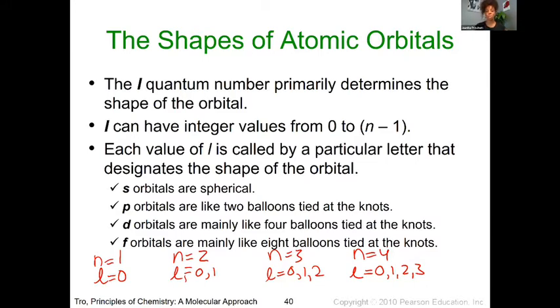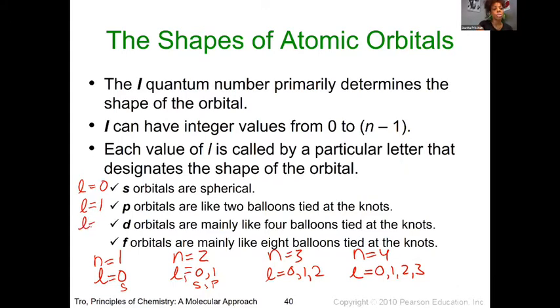When L is equal to 0, those are your s orbitals. That means in the first energy level, we have s orbitals present and only s orbitals present. For L equal to 1, those are your p orbitals, and you can notice that in our second energy level, we have s's and p's present.